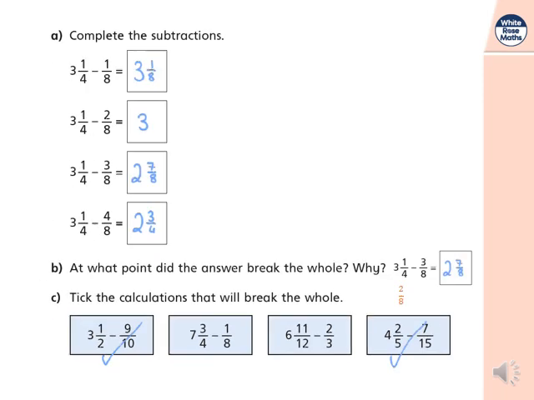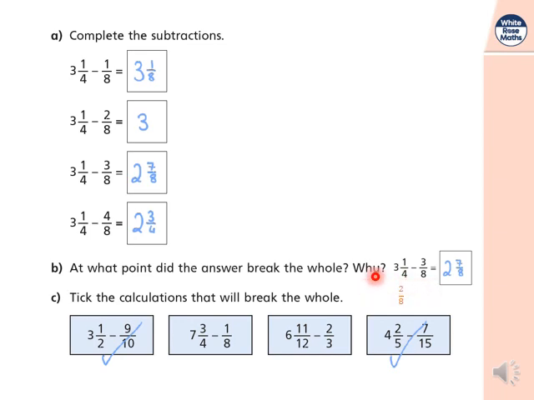Here are your answers. So for the first one, our answer was 3 1/8. Then we had 3 wholes, 2 wholes and 7/8, 2 wholes and 3/4, or 6/8. And the part B, it says at what point did the answer break the whole and why? Well, it would have been this question here, the third one, 3 1/4 or 3 2/8, take away 3/8.